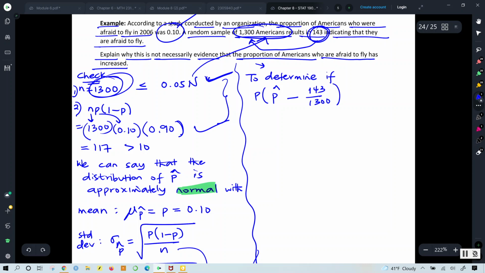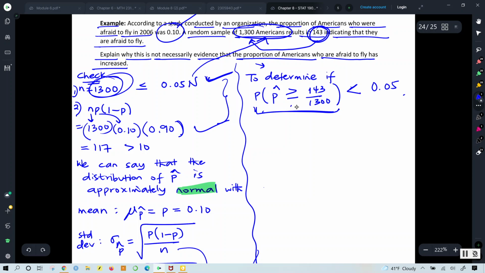Take note, if 143 out of 1,300 is unusual, then anything greater than 143 out of 1,300 is also unusual. So we need to determine if this value is unusual. How do we check that? We're going to find the probability that P hat is greater than or equal to 143 over 1,300, and check if it is lesser than 5%.